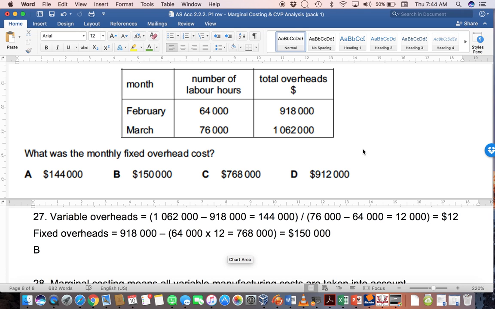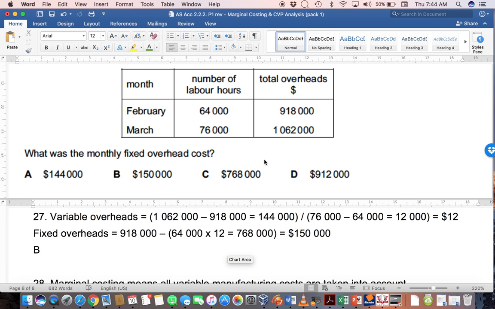So what we need to do now is look at this and try and take out the variable component to work out the fixed part of it. This is going to be very similar to a number of the other previous questions that we've done, but in this case, instead of using the number of units, we are using the number of labor hours.